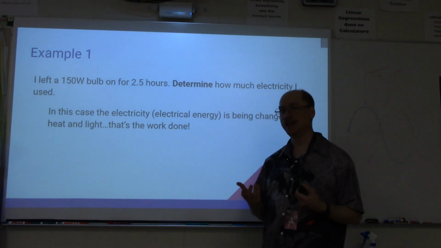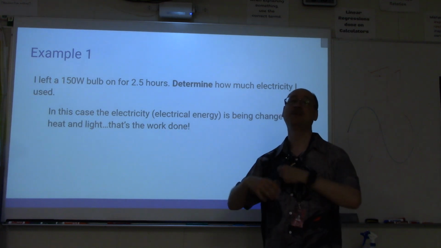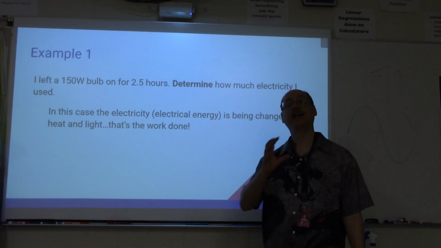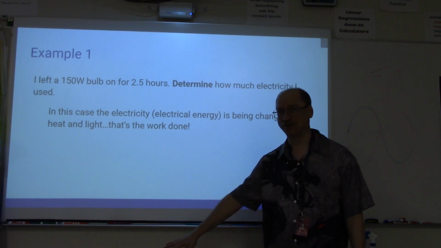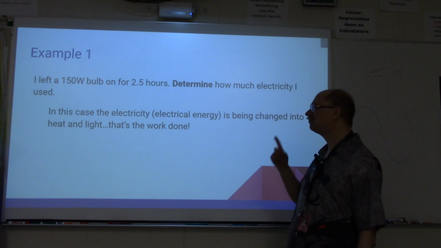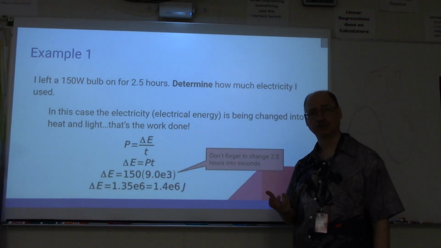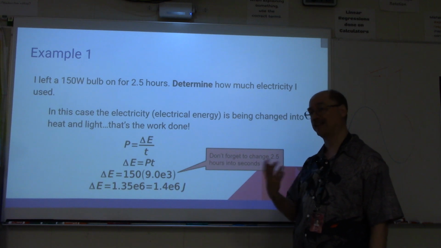Now, unfortunately, most of that energy is going to be converted to heat, which is not the purpose of my light bulb, but that's something, again, to talk about when we get to efficiencies. But what I can still look at here is how much energy did it consume? How much work was it doing as a device?